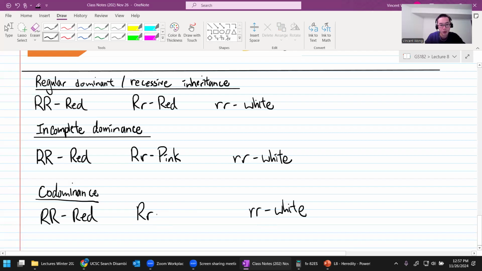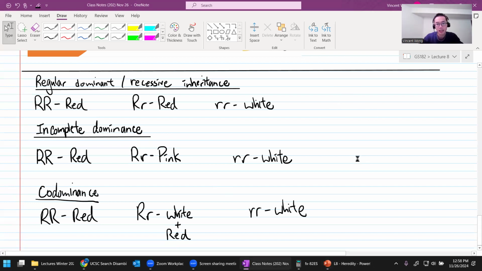And big R, small r, in this case, rather than creating a blend in between, codominance means both coexist. They both get expressed. So this would be like a white flower with some red dots or a red flower with some white dots.